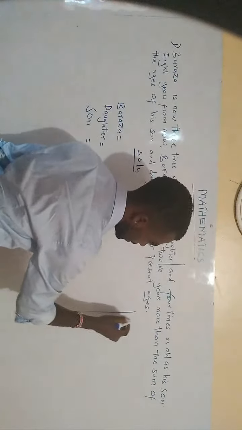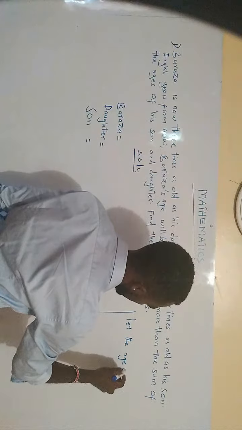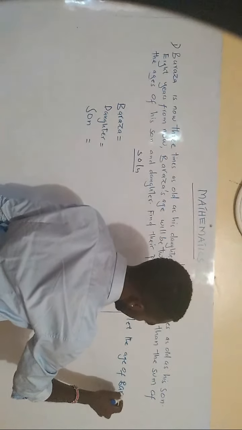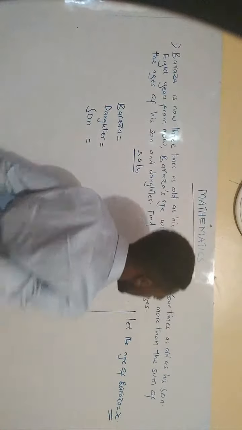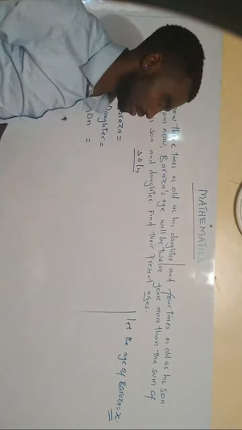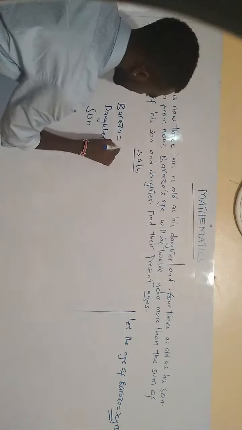So first thing we can do, we can let the age of Baraza be x, because we don't know the age of Baraza. Let's use x to represent his age. So Baraza is x years.